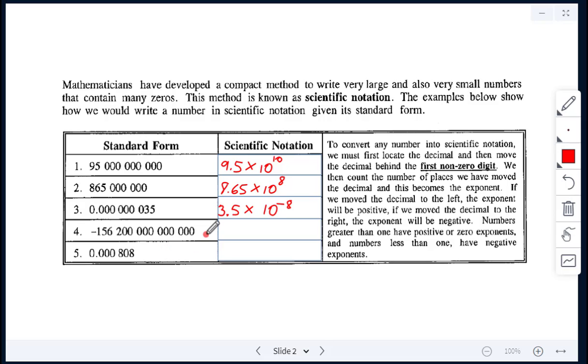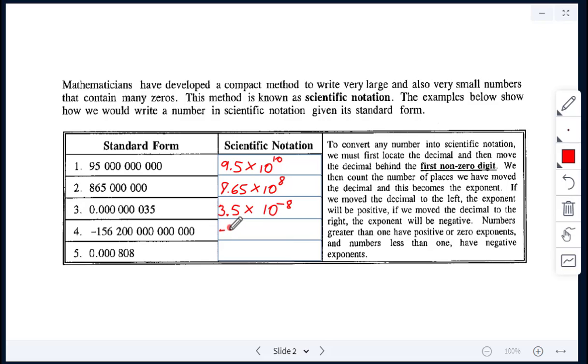All right, this is a very large number as well. Ignore that there's a negative there for now. We'll move our decimal place to the left, just like we have been. So 1, 2, 3, 4, 5, 6, 7, 8, 9, 10, 11, 12, 13, 14. So it's 14 decimal places to the left, so it will be a positive exponent.